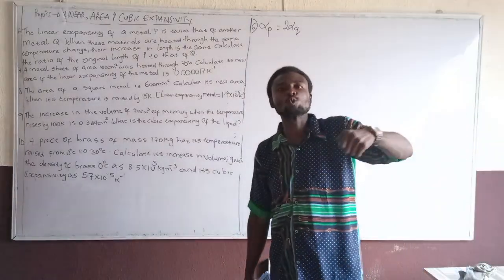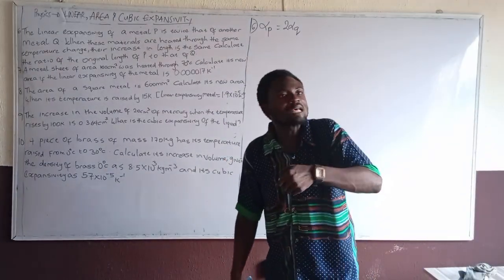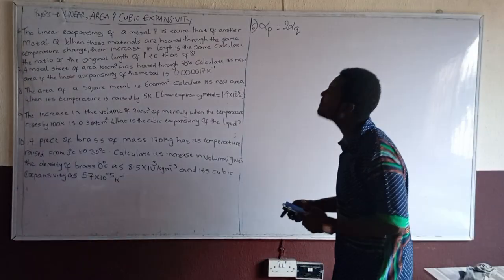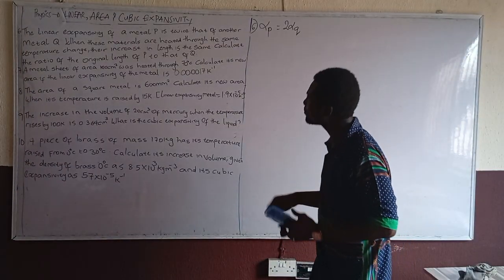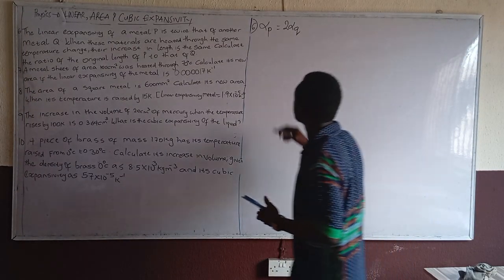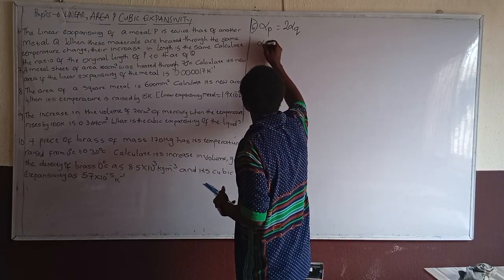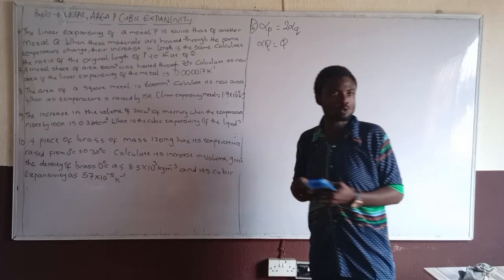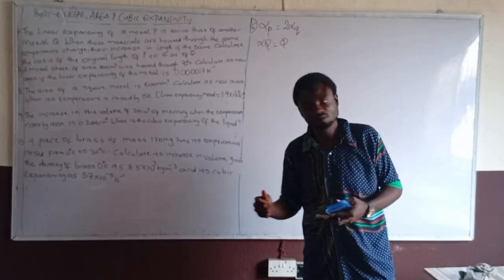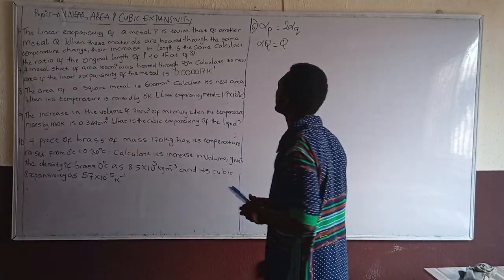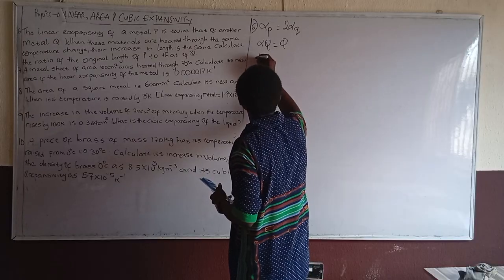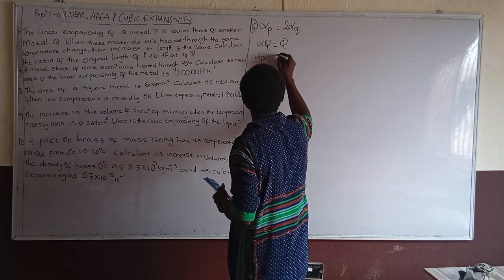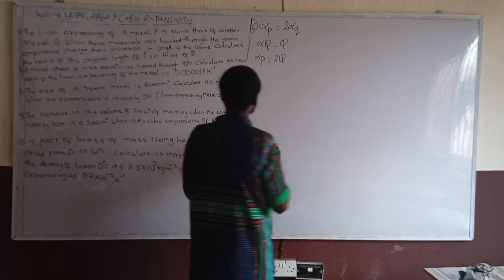That means father is 2x, twice the son's age. Now, if the linear expansivity of P is twice that of Q, that means the linear expansivity of Q will be half. So let's say that means linear expansivity of P will be 2Q.